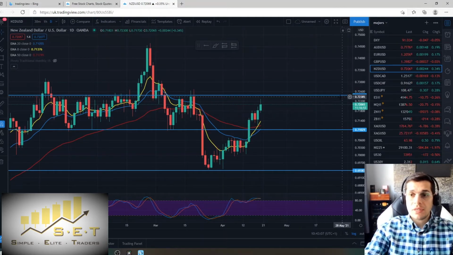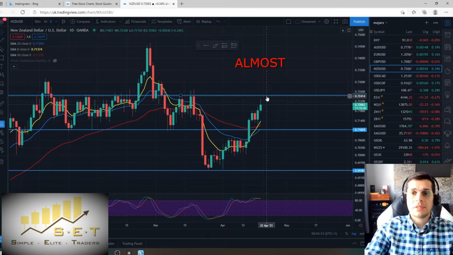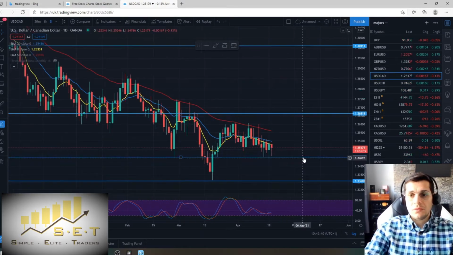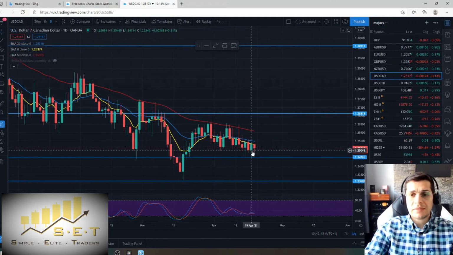Kiwi, as you can see, I have this resistance line here. It didn't go through all this, but you can see its price starts to reject as well. Dollar CAD as well, we can see is rejecting this support level. It's a downtrend, but recently price action is not very clear, so I don't really like this chart, and I'm moving on.